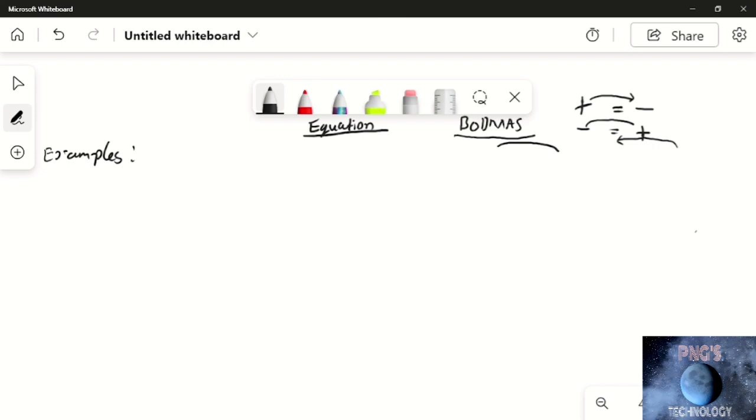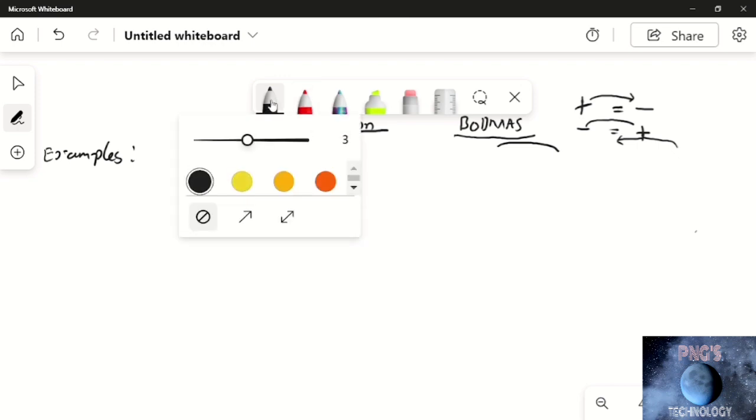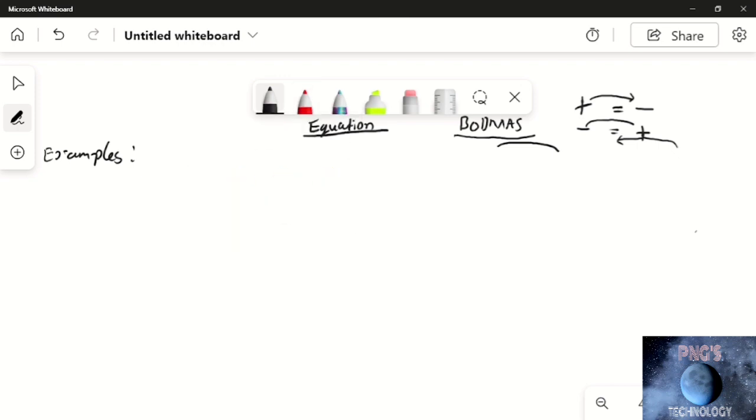So example N. So our pencil does not want to write. So let's see what's happening right here.